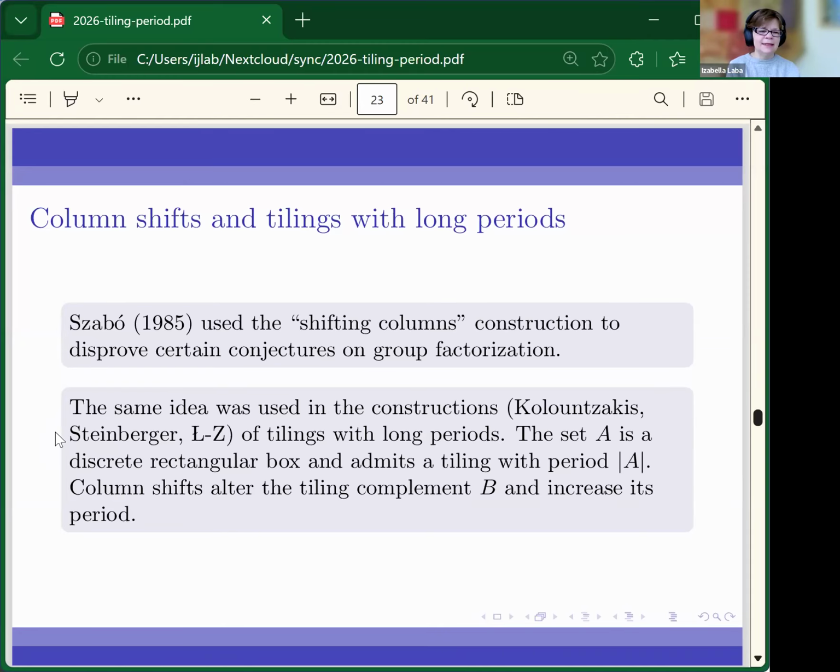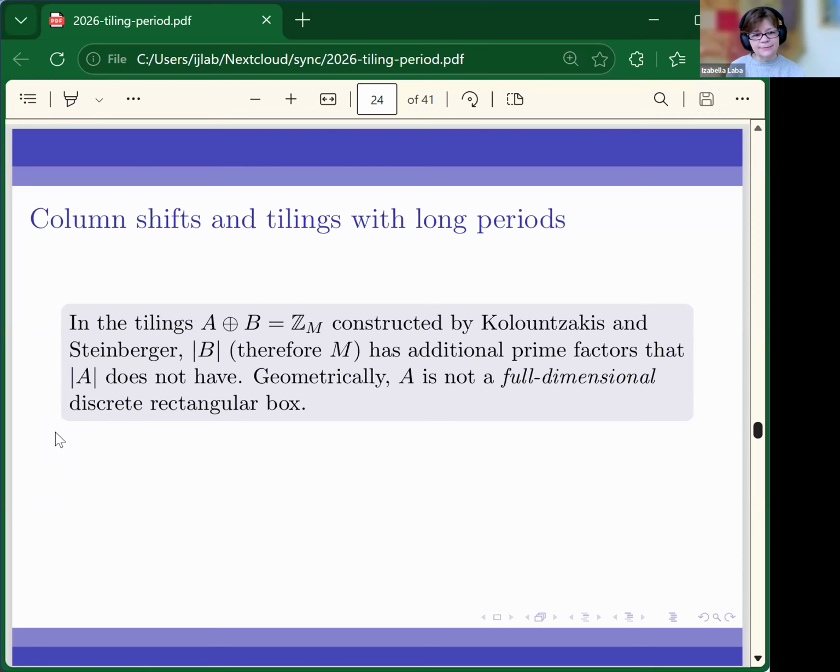The set is a discrete rectangular box, so it actually admits a tiling with period equal to the cardinality of A, but then we can mess it up using column shifts to make the tiling more complicated, and that also increases the period of the tiling complement.